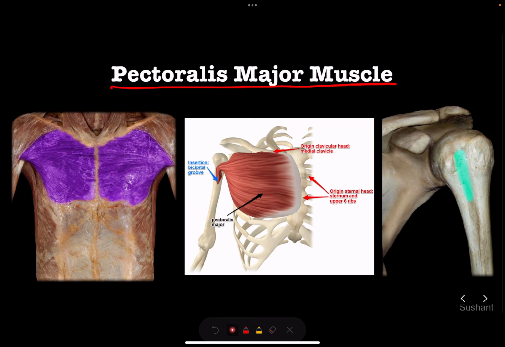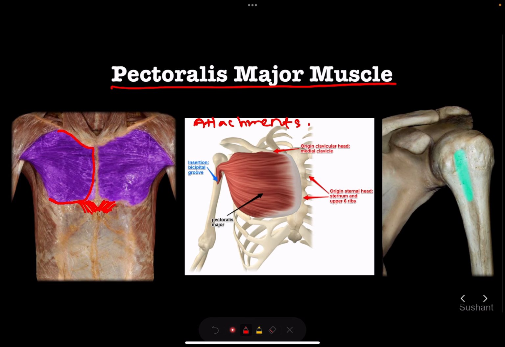Now let us talk about the attachments of the pectoralis major muscle, in terms of origin and insertion. The pectoralis major has two heads of origin. A part of the muscle takes its origin from the clavicle, and the remainder from the sternum and the costal cartilages, and a part from the aponeurosis of the external oblique muscle.